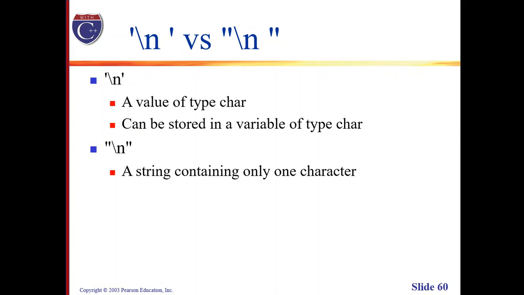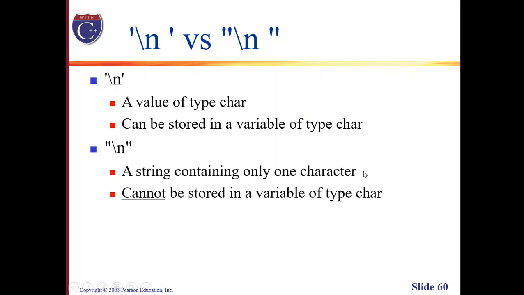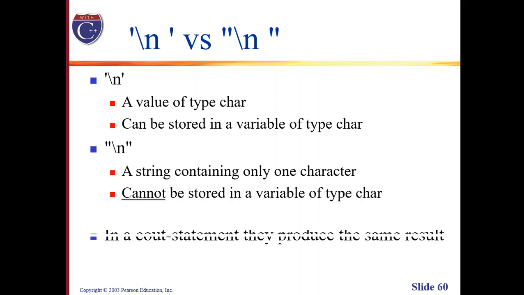So which means it is still a string, only that it contains just a single character. And take note that although it's just a single character, it is treated as a string. Therefore, it cannot be stored in a variable of type char. In a cout statement, they produce the same result, which is, of course, a new line.